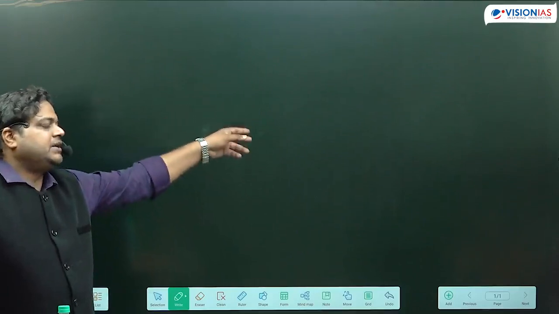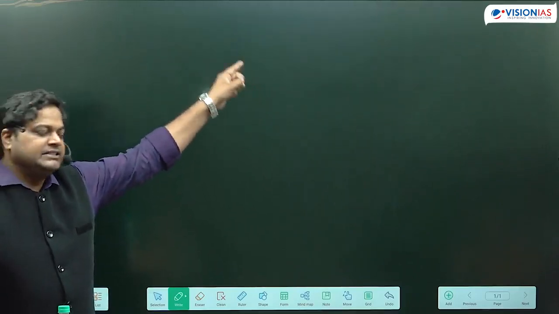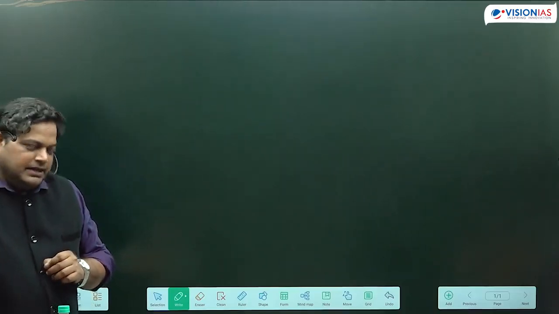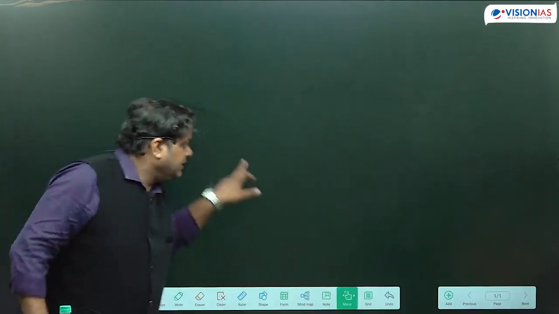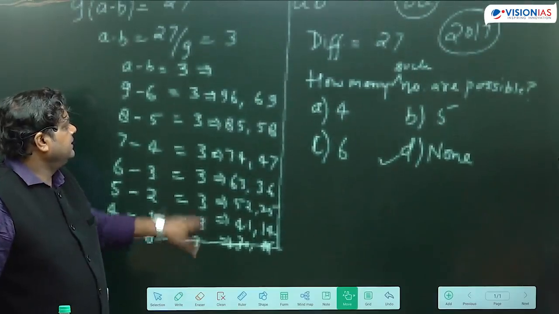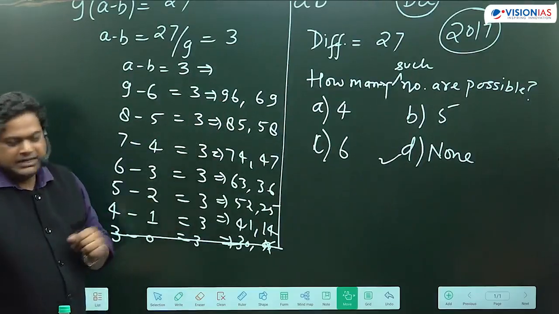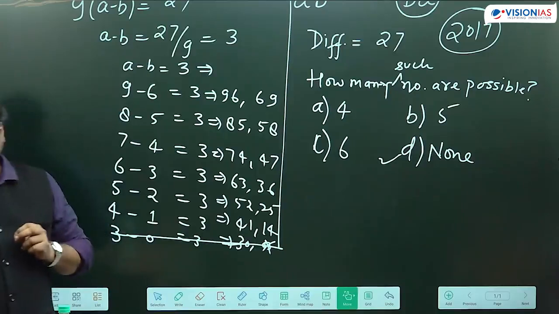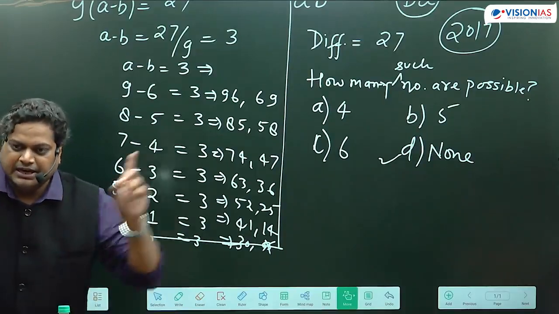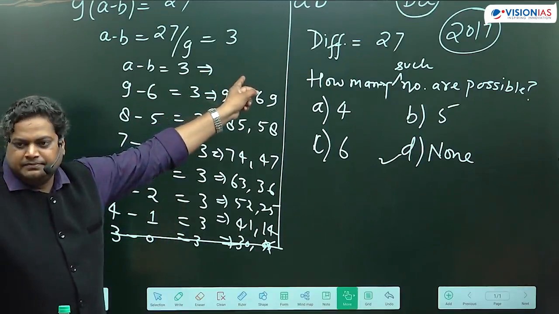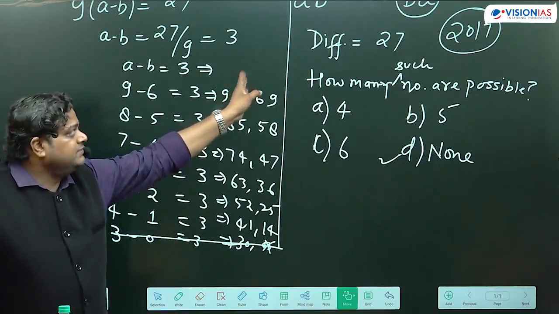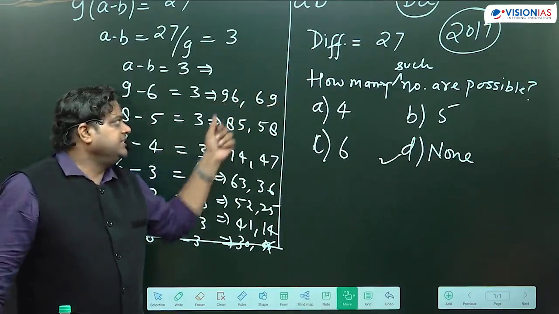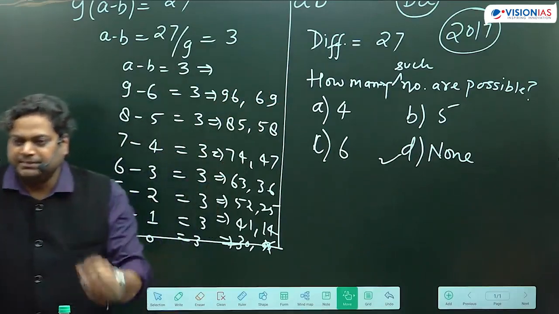The number which fulfills the condition given in the question. Like in the previous one, we were getting numbers this way: 96. If we reverse the digits, we get 69. What difference do we get? 96 minus 69 is 27. It is fulfilling the condition, because in the question it is written that the difference of these two numbers is 27, and these two are also 2-digit numbers.